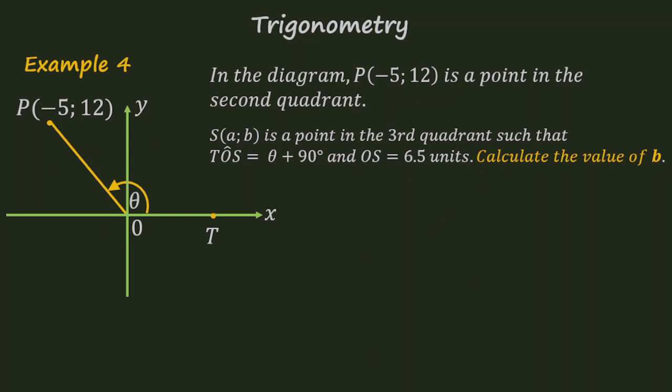Here we are given the point P with the coordinates minus 5 and 12 in the second quadrant.